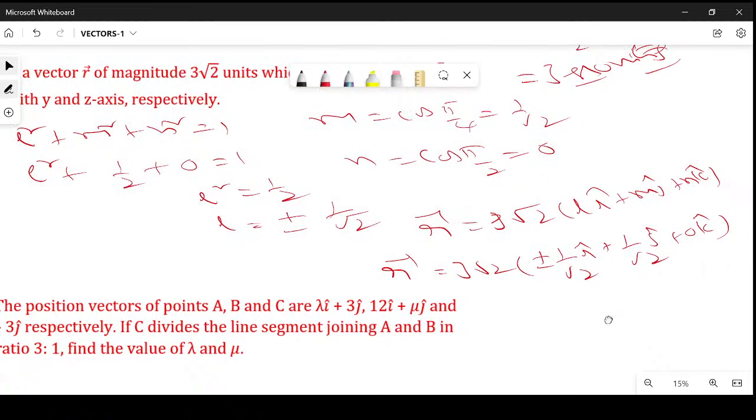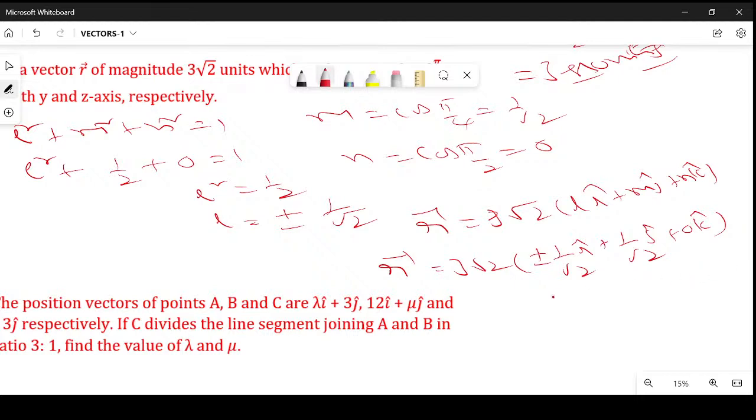If you multiply with 3 root 2, root 2 gets cancelled, and r bar equals plus or minus 3 i cap plus 3 j cap.